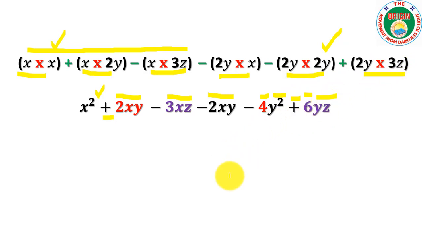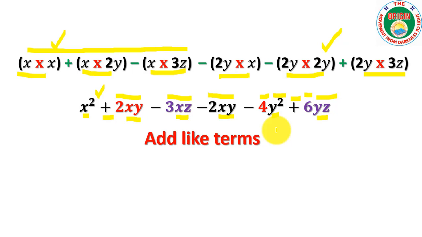Here I separated each and every term. Observe that x square is only one term; xy and here xy, these two are like terms. Xz is only one term, yz only one term, and y square only one term. Whatever the expression, when doing calculations you need to check whether like terms are there.